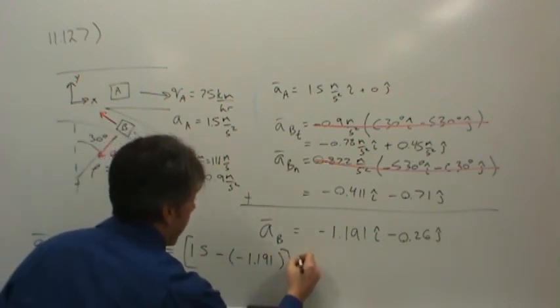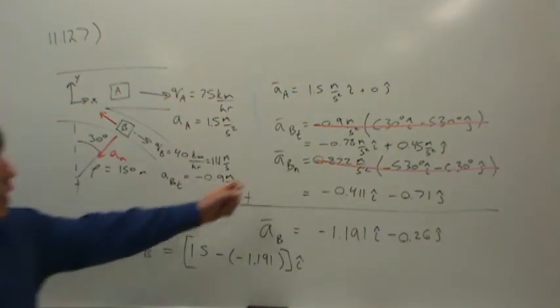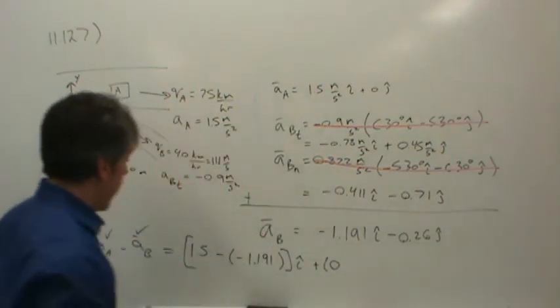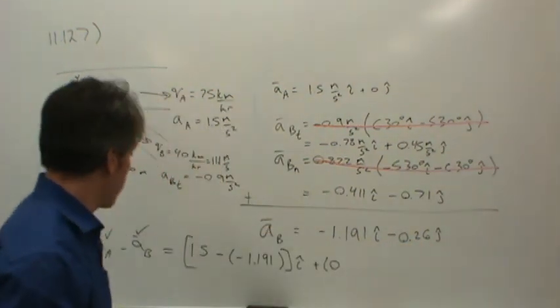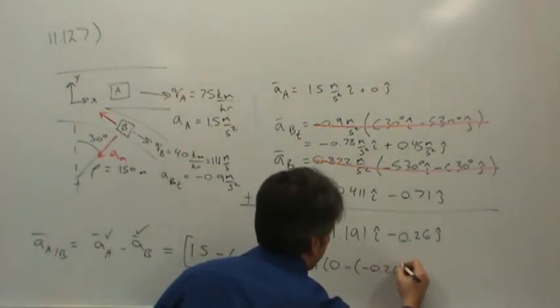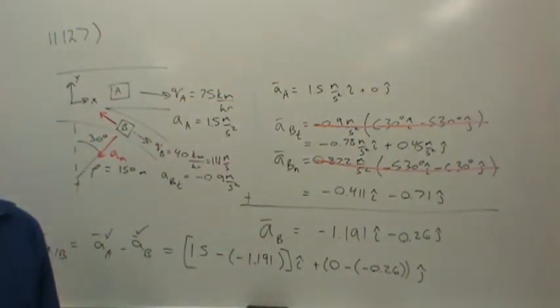This will be in the i direction. And then I need the acceleration of a in the j direction, which is 0. And I need to subtract from that the j component of the acceleration of b. Once again, that's minus a negative 0.26. And that's in the j direction. All these are meters per second squared. Okay?